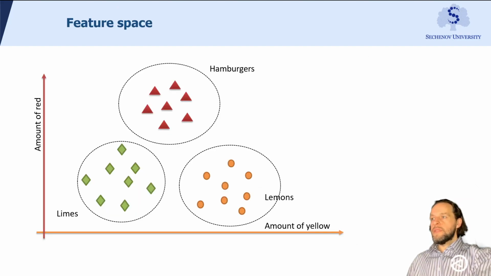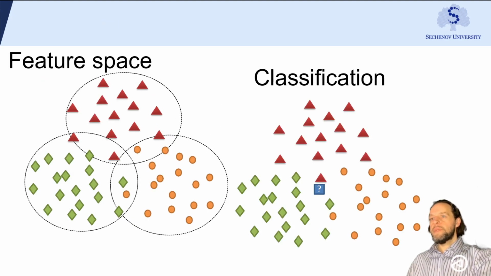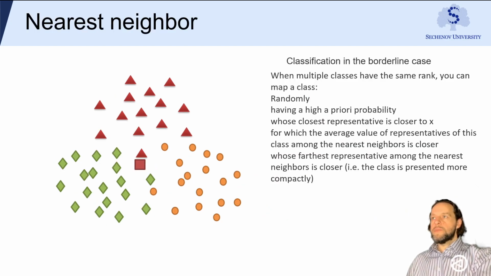Talking about classification of multiple criteria and multiple objects, we'll talk about feature spaces. This classification is based on comparing which group a certain object has more relations with, and it's the so-called nearest neighbor.